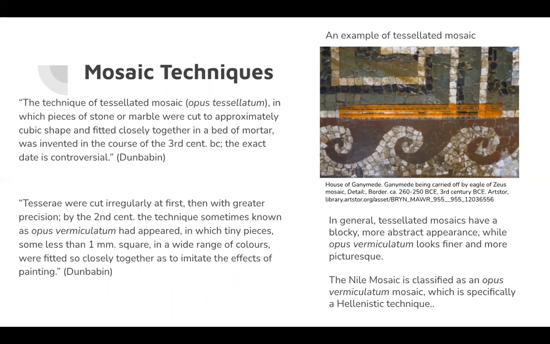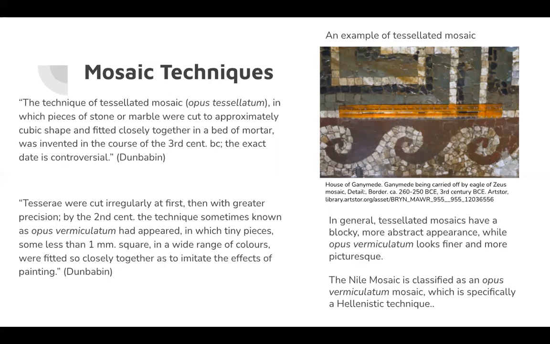And they were fairly abstract in appearance. They definitely made a shape, as evidenced by this picture of a different mosaic from the House of Ganymede. I hope I pronounced that right. But that's an example of a tessellated mosaic where you can very clearly see the squares that make up the pattern.